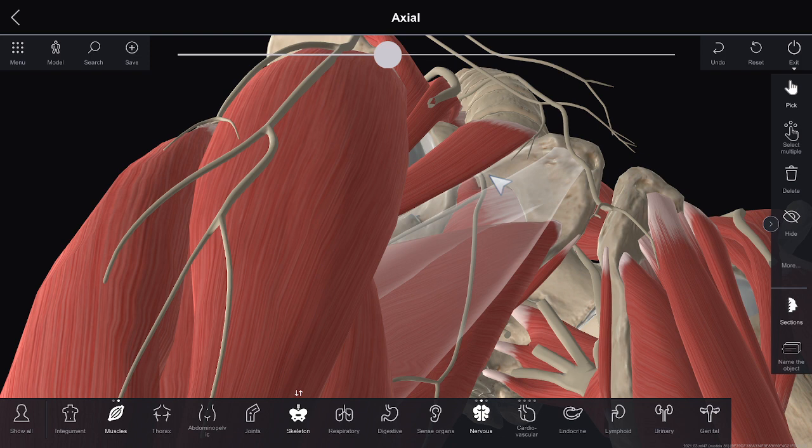So it appears from the pelvis onto the thigh, and this muscle, 175, is the next muscle, musculus obturatorius externus. It appears just here.